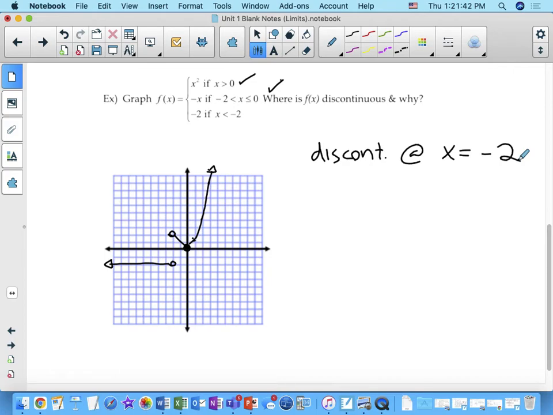Yes. Neither side of the function, sorry? Okay, yeah, so one reason is that f of negative 2 does not exist. Okay, so that's one reason. There's another thing that you can say.